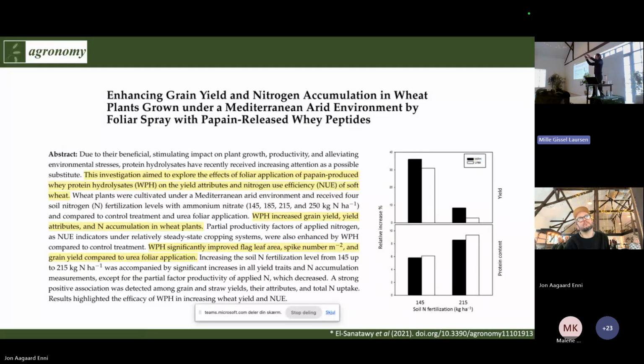So we have a low to high basal soil conventional synthetic nitrogen application going on the bottom, from low to high doses. And then on top of that, we're going to apply 3 treatments across that nitrogen gradient. We're going to do a control with nothing. We're going to do a foliar urea, and we're going to compare that to a foliar whey protein hydrolysate.